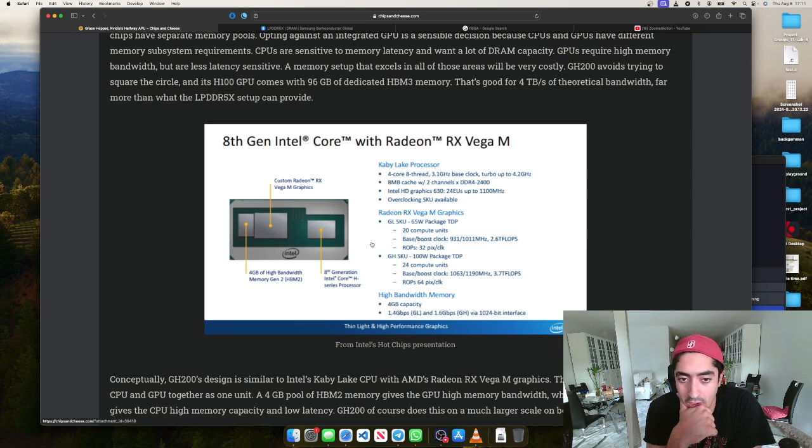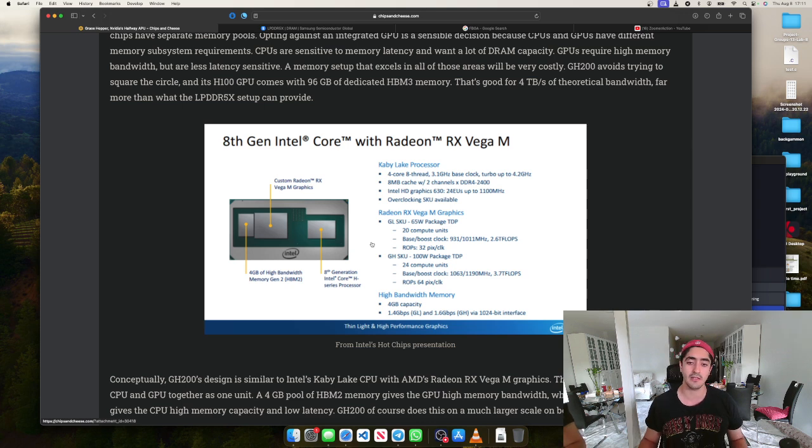You have your Kaby Lake processor. It's 4 core, 8 thread. I always thought the number of threads you can have is the number of cores, but today I was proven wrong. 3.1 gigahertz base clock, turbo up to 4.2 gigahertz.